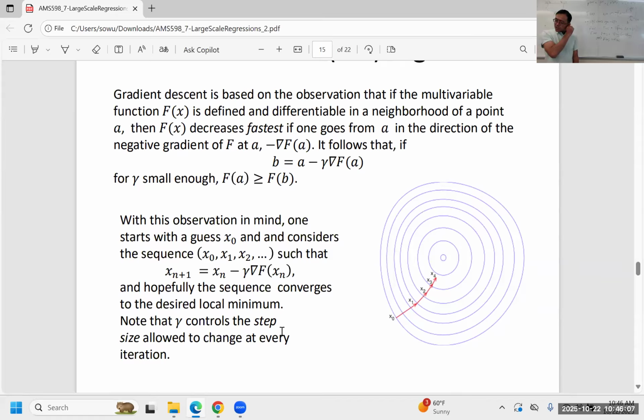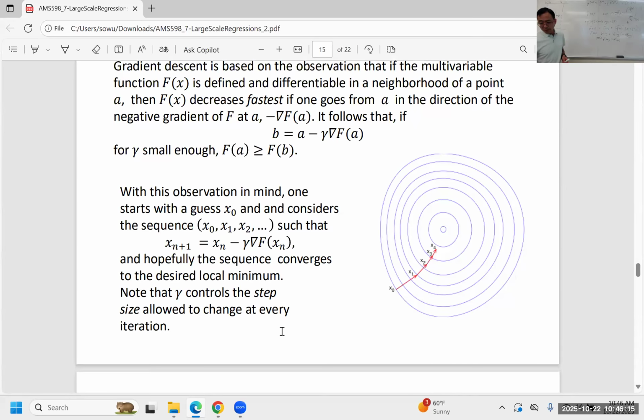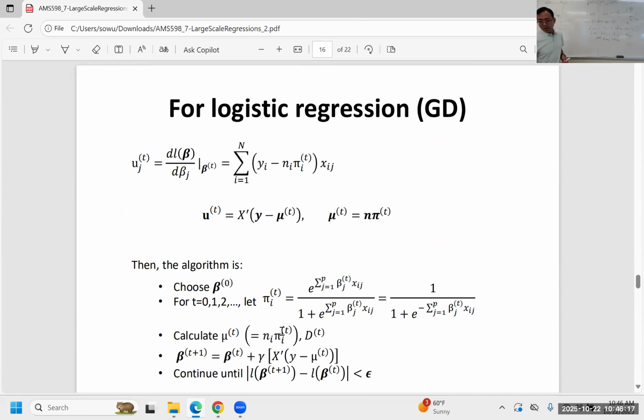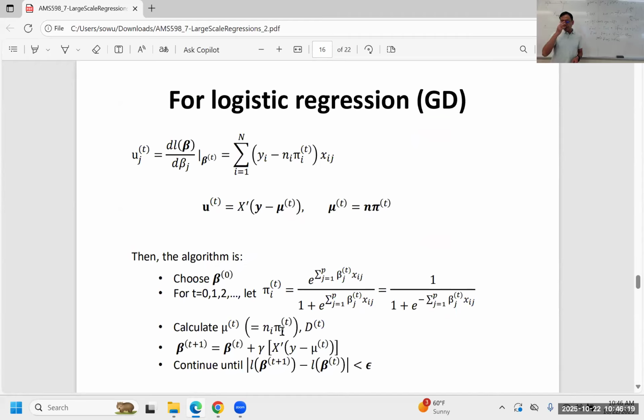If you apply this form to logistic regression for gradient descent, we only need the first order derivative, right? We only need the first order derivative, which is already given.